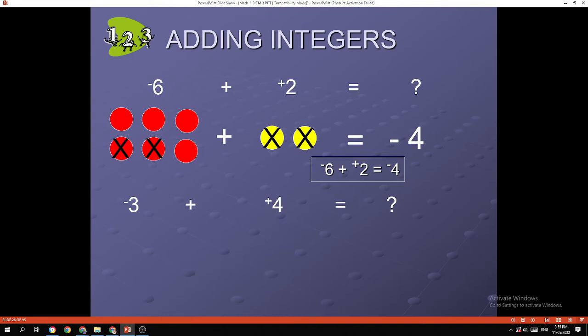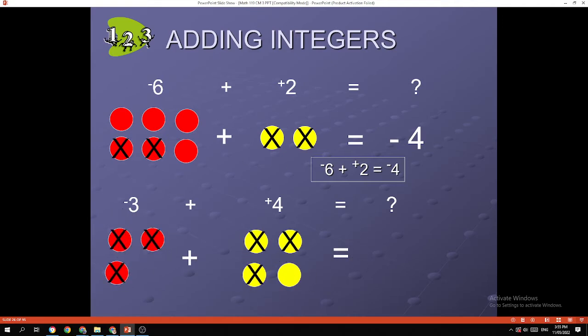Negative 3 plus positive 4. Red ang negative 3, tulo. Positive 4, upat ka yellow. Then, unsay sunod buhaton? Mag-pair. Unsay nahibilin diri? 1 nga yellow.